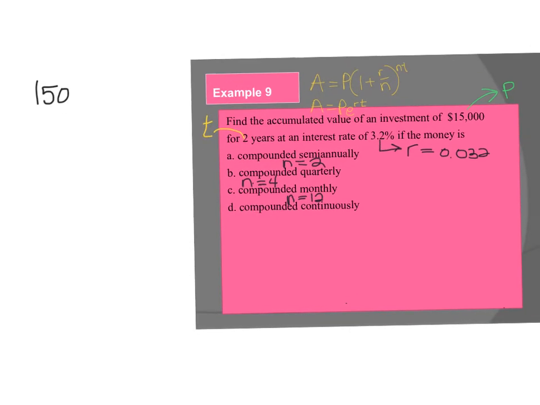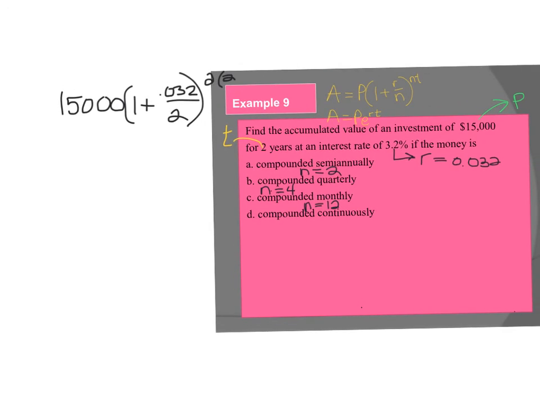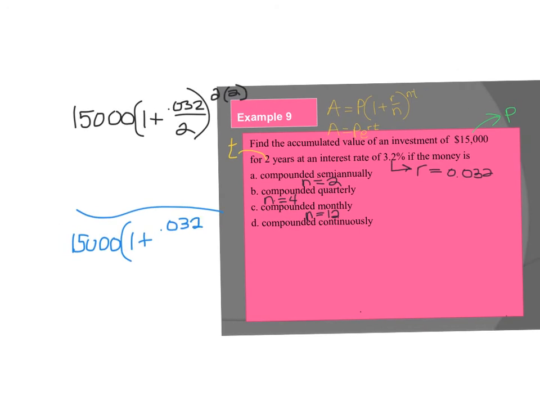15,000 times 1 plus 0.032 over, the first one is 2, to the 2 times 2. And then the next one would be 15,000, 1 plus 0.032. This time it's compounded quarterly, so 4 times 2.